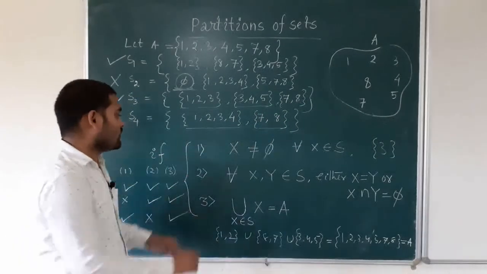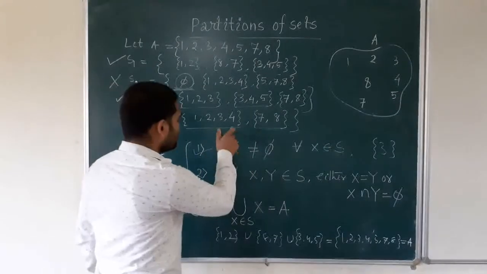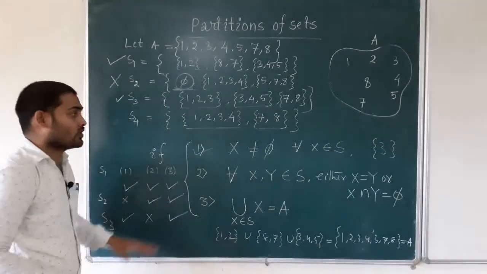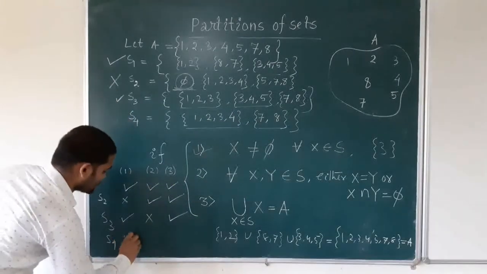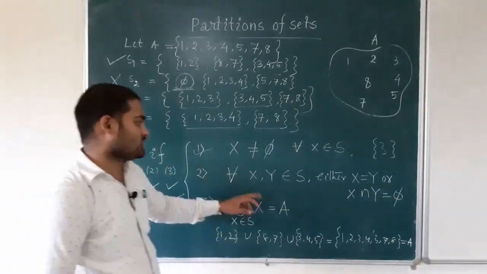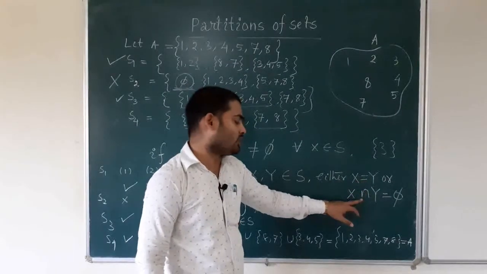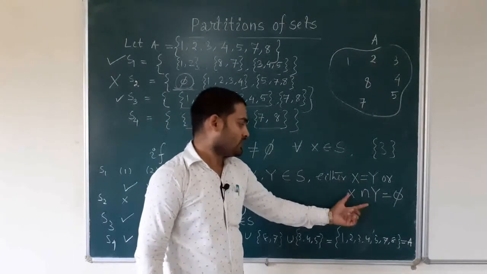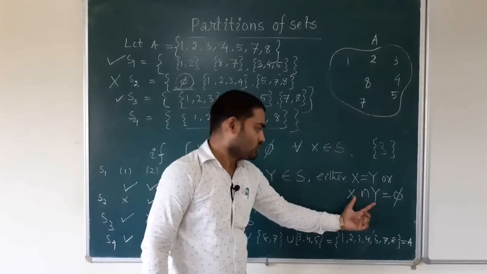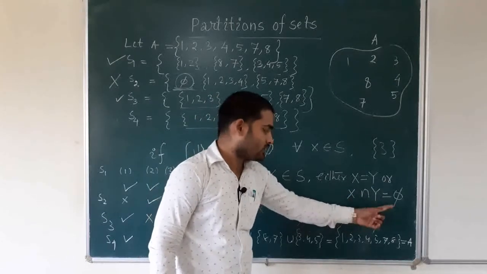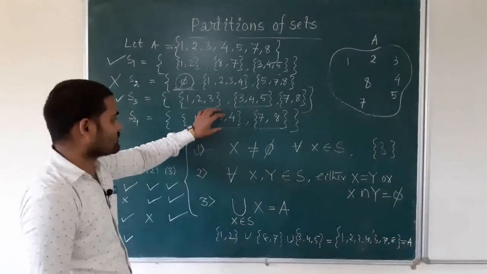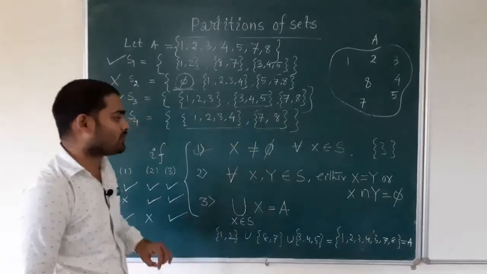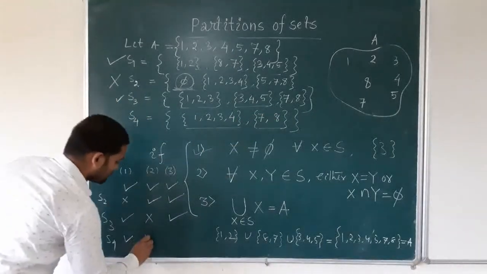The first condition is satisfied because they are non-empty sets. For the second condition, the intersection of the two sets is phi, so it is satisfied.